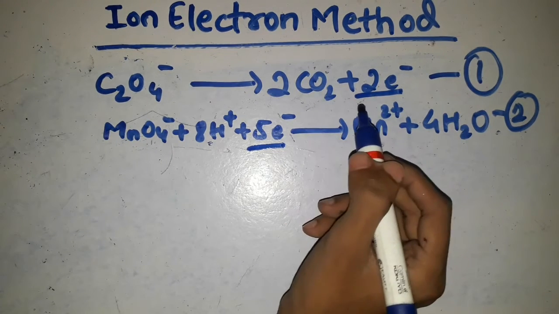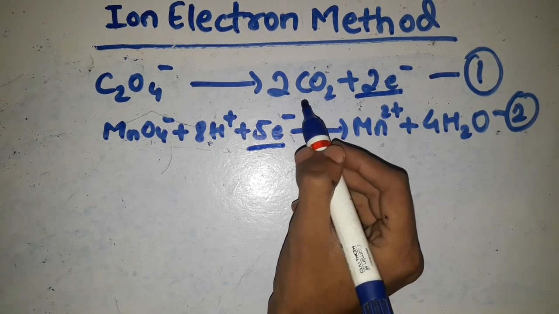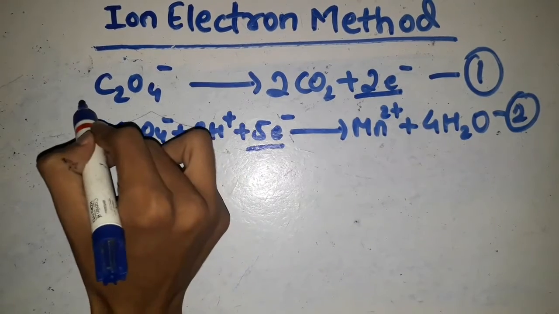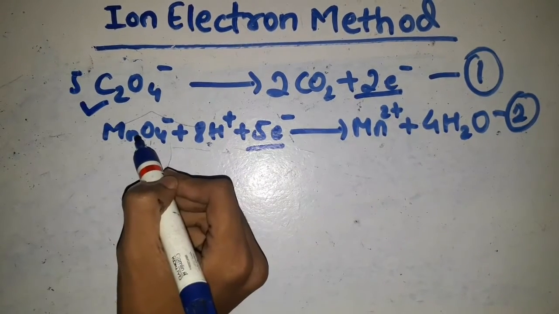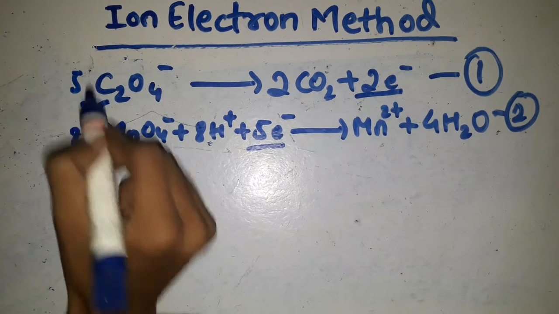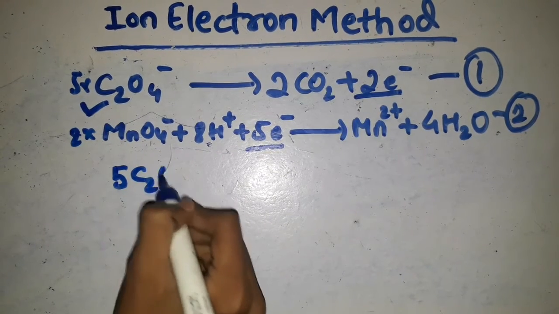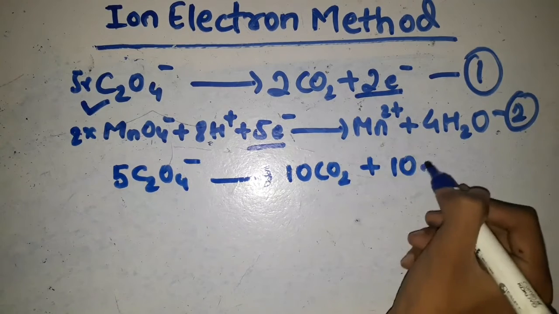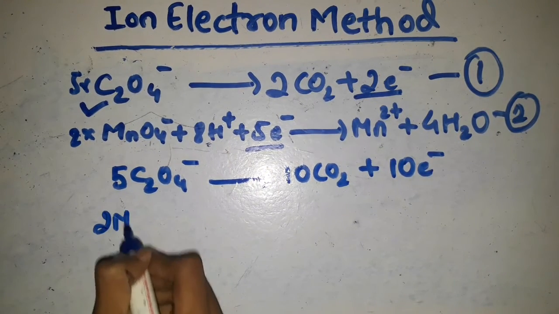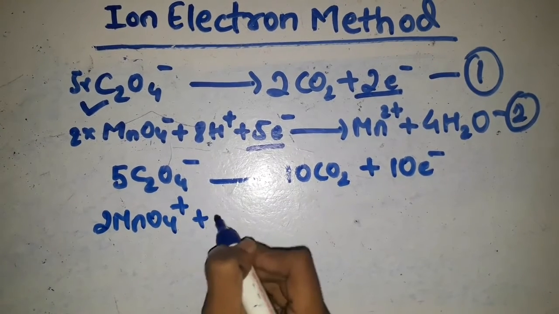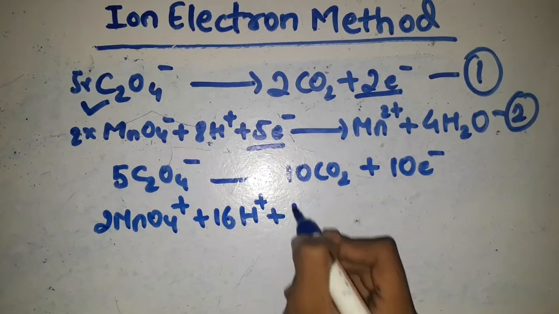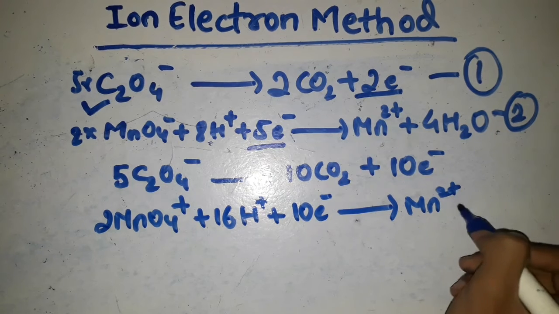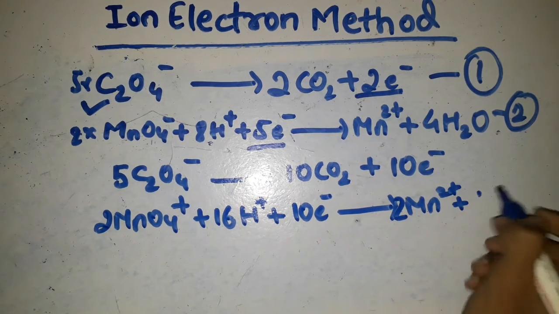We will balance it by multiplying each equation by a number so that the number of electrons gets equal. In the first reaction we will multiply by 5, and in the second reaction by 2, which becomes 5C2O4 2 minus, which gives 10 CO2 plus 10 electrons, and this becomes 2 MnO4 minus plus 16H plus plus 10 electrons, which gives 2 Mn2 plus plus 8H2O.